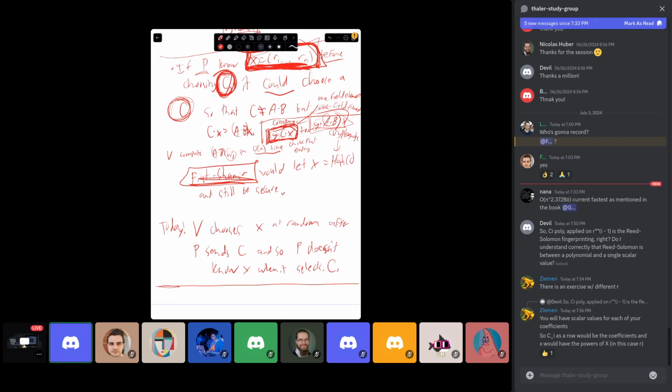But what I would say is, C times X contains a Reed-Solomon fingerprint for every row of C. Then if you take C times X and multiply that by Y, where Y is chosen as powers of a single random field element, that's a Reed-Solomon fingerprint of C times X. So C times X is like a row-wise Reed-Solomon fingerprint of C, and then Y times C times X is a Reed-Solomon fingerprint of that. So this is like fingerprinting the rows, and this is like fingerprinting the result.